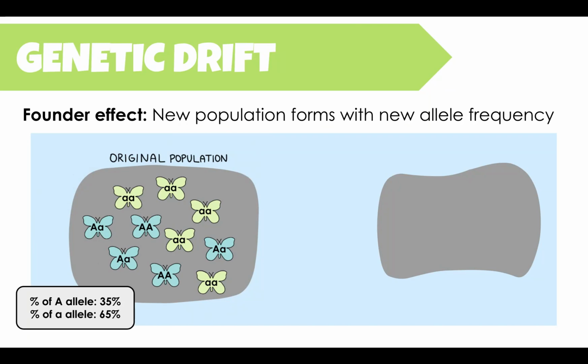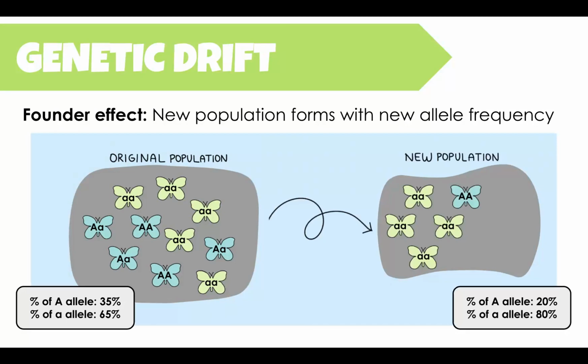Founder effect would be we have a little bit of the original population moving and finding a new home. So they venture over to this new island and they start their own population. And just by chance, the ones that left and started this new population have a different allele frequency than the original population. So this again would represent evolution because we have a new population with a different allele frequency.